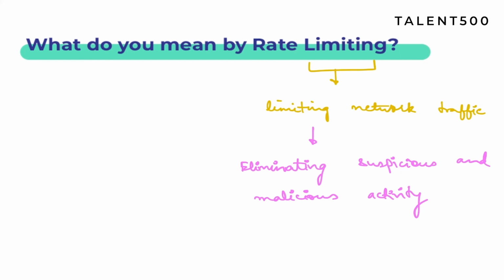Because it says we are getting lots of requests from your system, and it needs to understand whether all of those requests are done by a user, or are some malicious or suspicious activities. Some people just run scripts and keep running certain processes repeatedly. That is why in a lot of places we have to perform rate limiting.